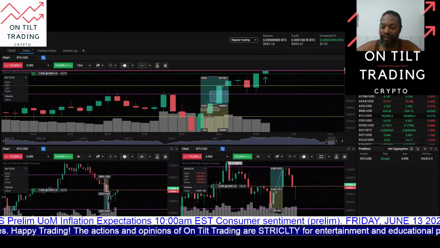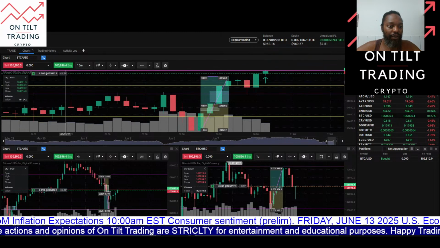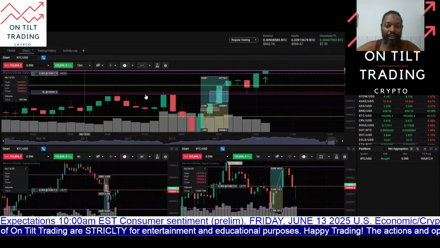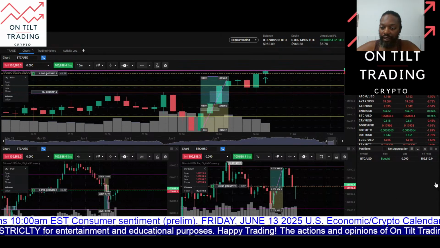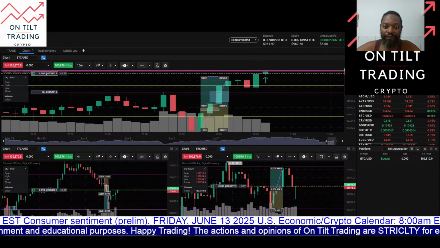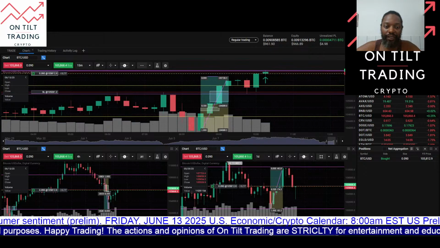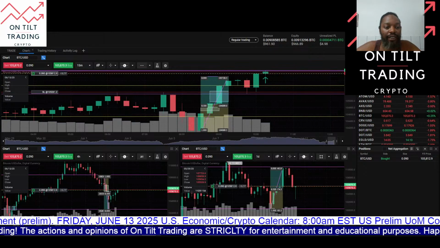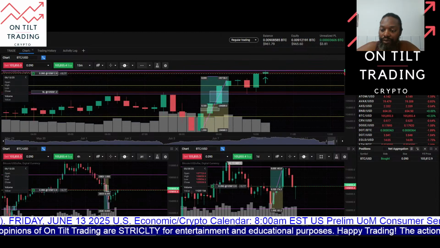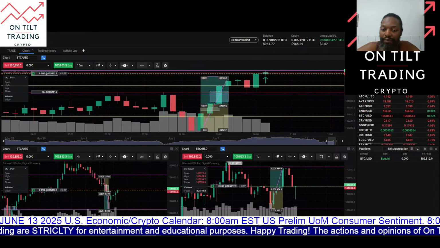So I'll come into my order, and you can see here's my stop loss. My stop loss is based off the low of this candle. There is a 10-cent spread in Bitcoin, so I gave it a 20-cent stop.